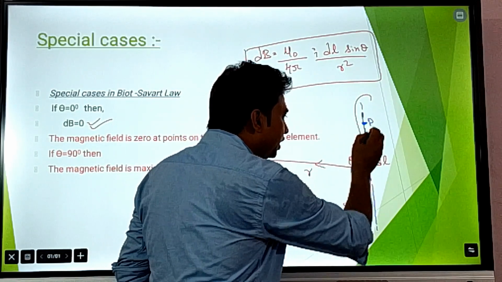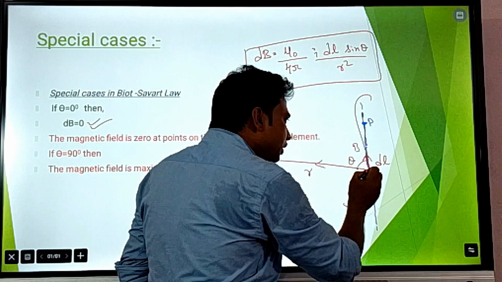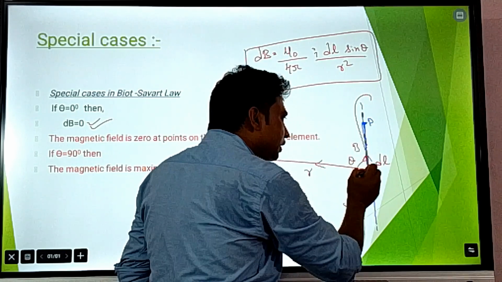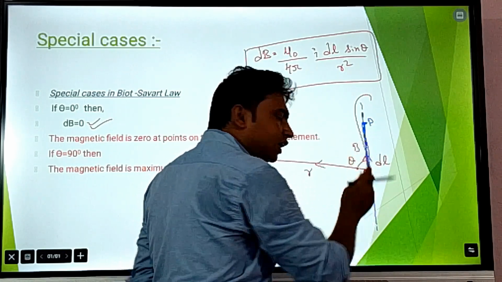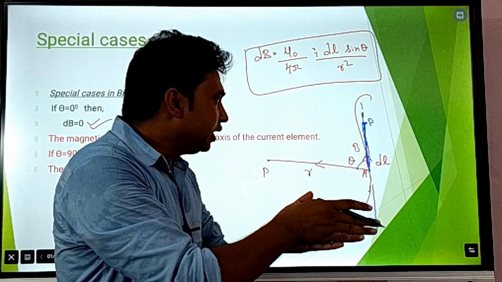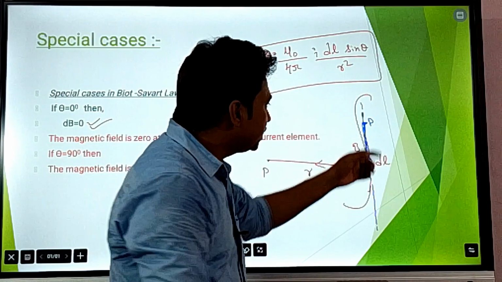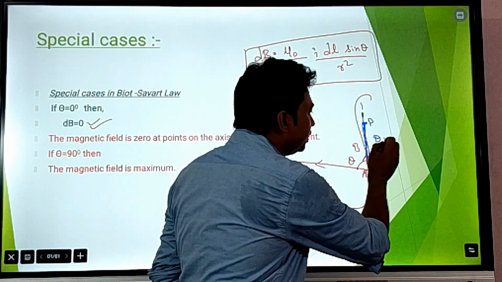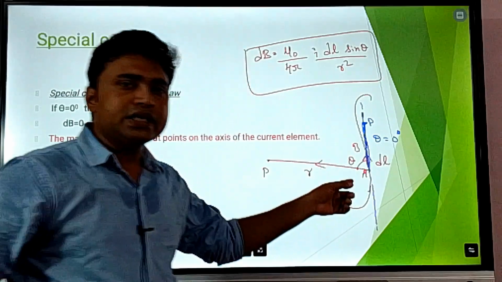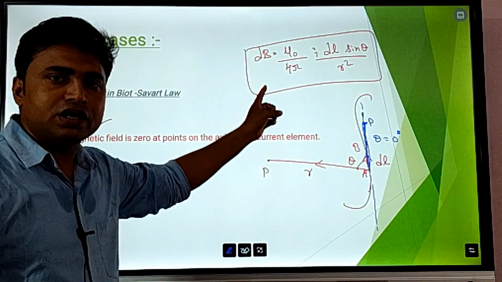Both the lines are parallel, dl and r are the same line. So the value of theta is 0, and the value of dB comes out to be 0.